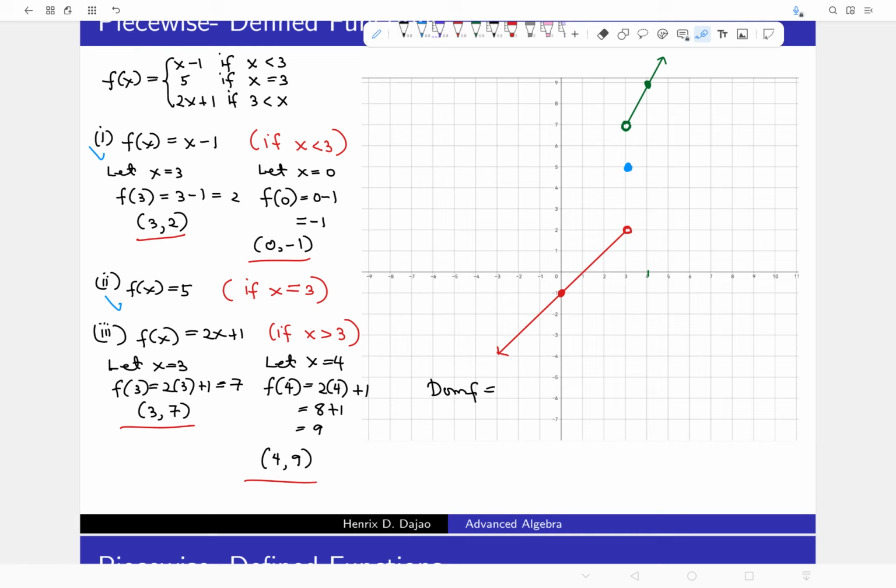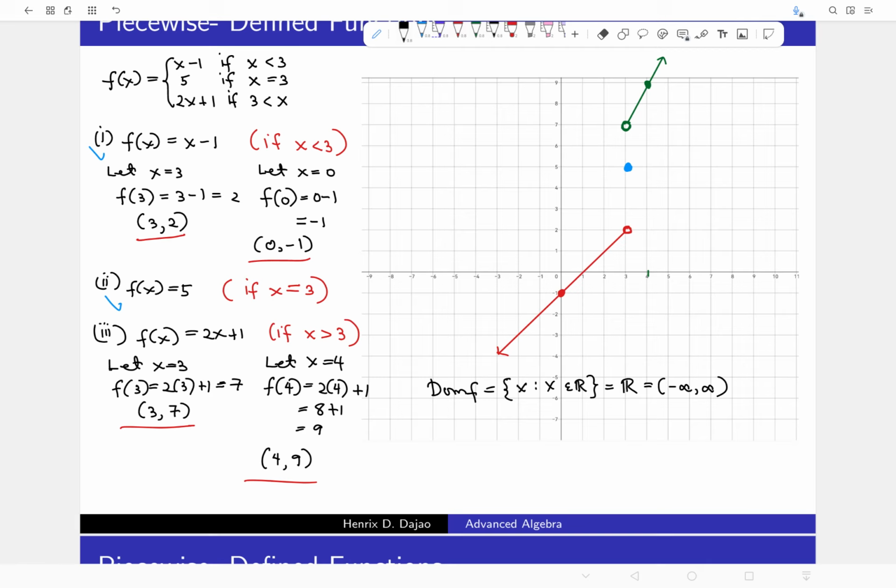Those are the permissible values of x. So the domain is the set of all x such that x is an element of the real numbers, or in other words, that is this one, or in interval notation, that is this one.